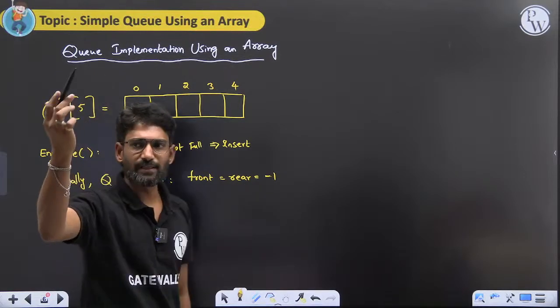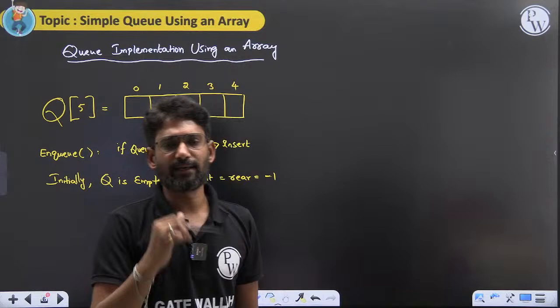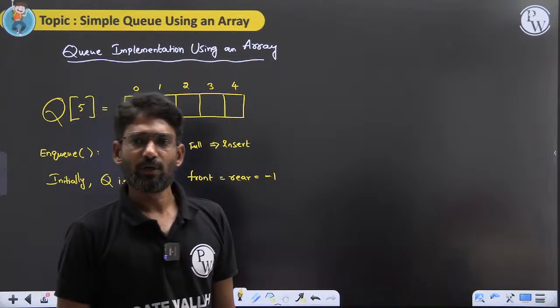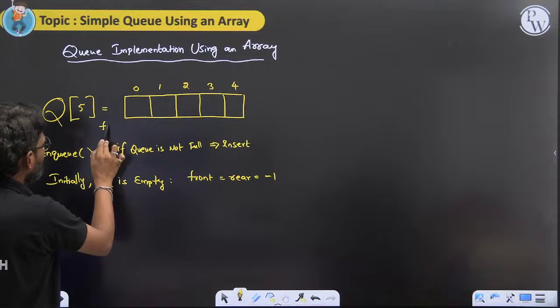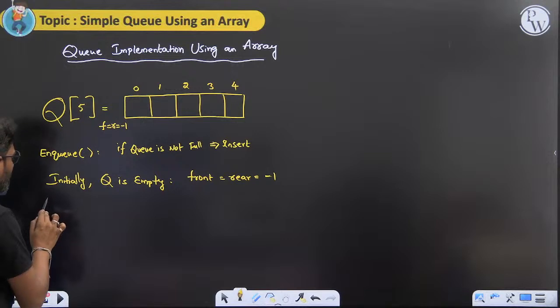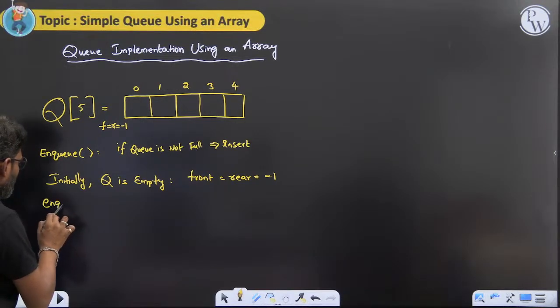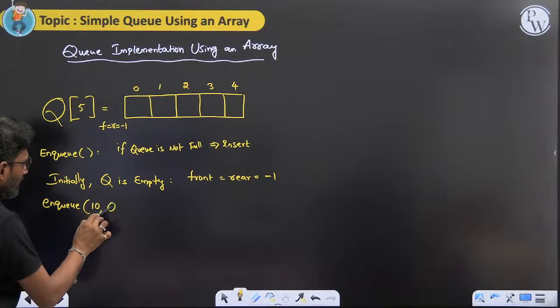Like top is initialized to -1, here front and rear both are initialized to -1. Now I would like to enqueue value 10 to the queue.